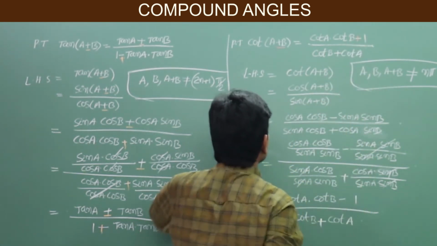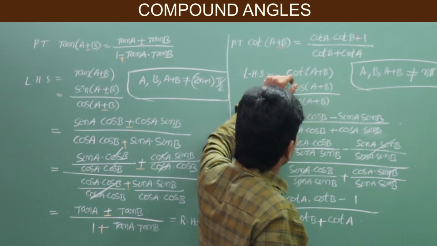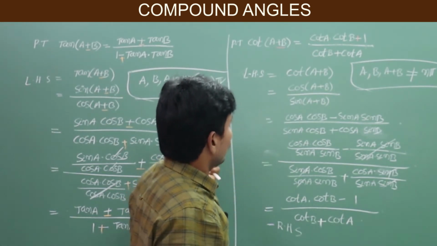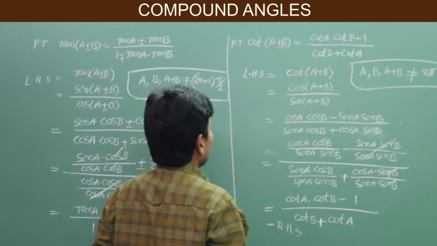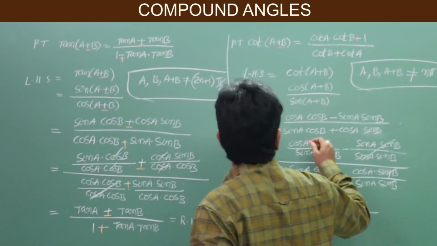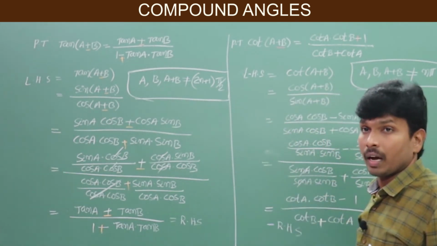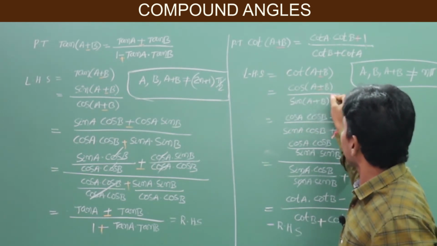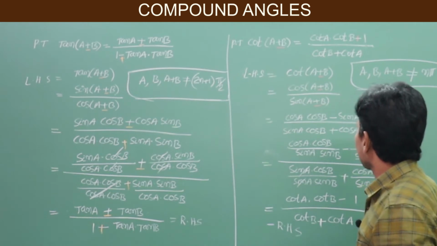Here you observe, in place of the cot of a minus b formula, what did you get? Cot a cot b plus 1 by cot b plus cot a. Yes or no? Yes, because now you observe how we got it. We will discuss the cot of a minus b formula: cos of a minus b by sin of a minus b.